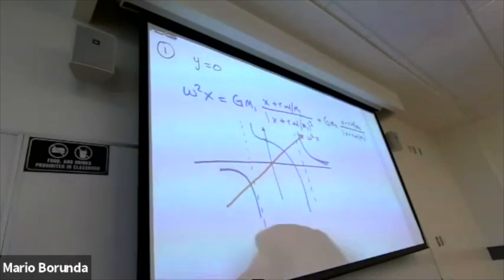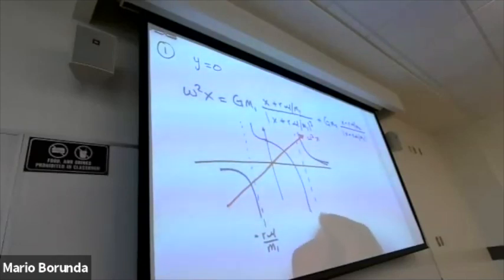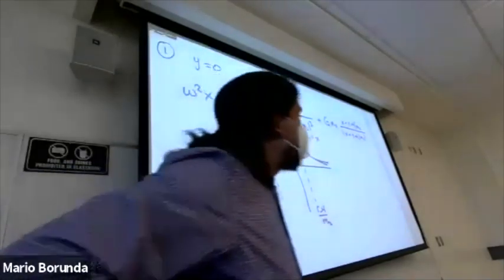We have here negative r mu over m1. And here we would have r mu over m2. Questions?